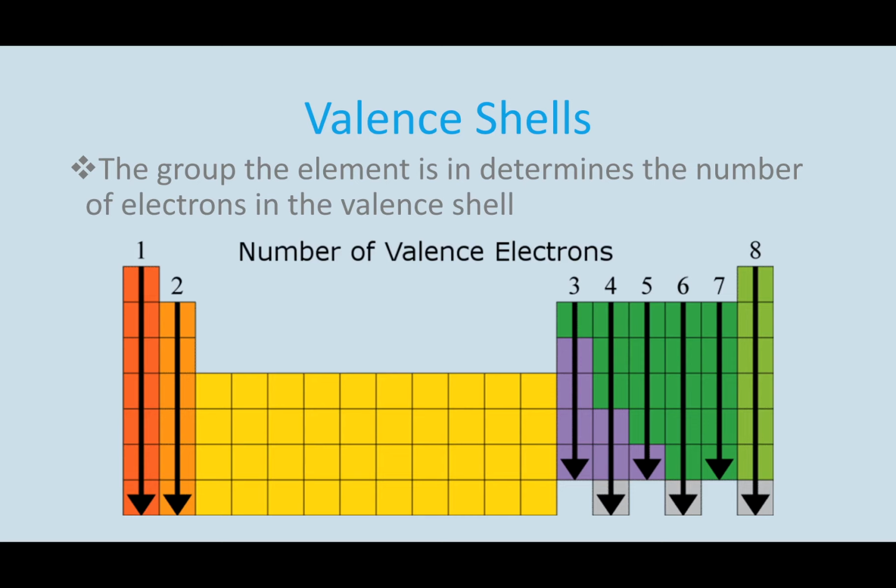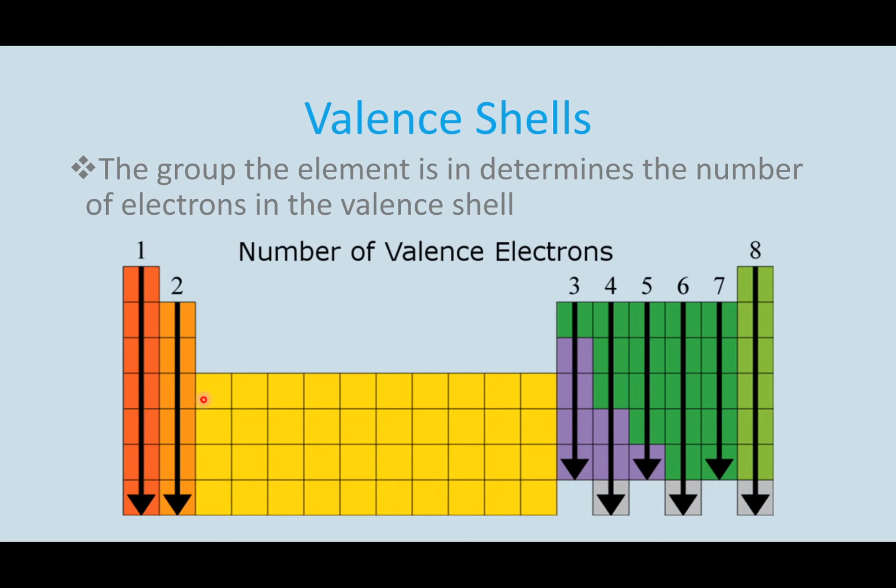So we have group 1 and group 2 on our left. Group 1 has 1 electron in its valence shell. Group 2 has 2 electrons in its valence shell. All these metals here, the transition metals, we tend not to worry about, because, as you'll learn in further grades, they don't really fit the pattern in terms of how many electrons they lose or gain.